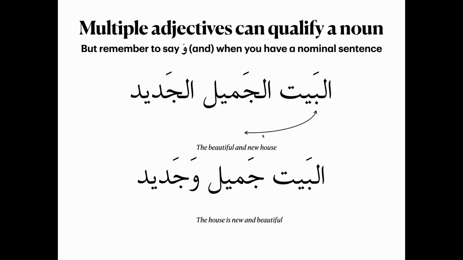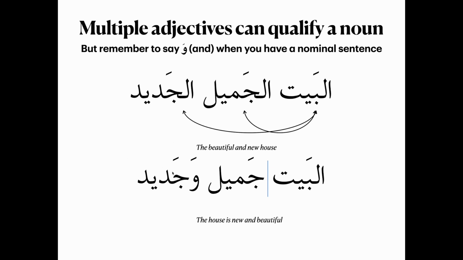Notice the agreement that happens when you have two adjectives. If you want to put them into one whole complicated phrase, which you can, you have to make them united by this al right here. And of course, when we have a lack of al, technically we're separating them both, with subject and predicate. Al bayt, the house, jamil wa jadid.